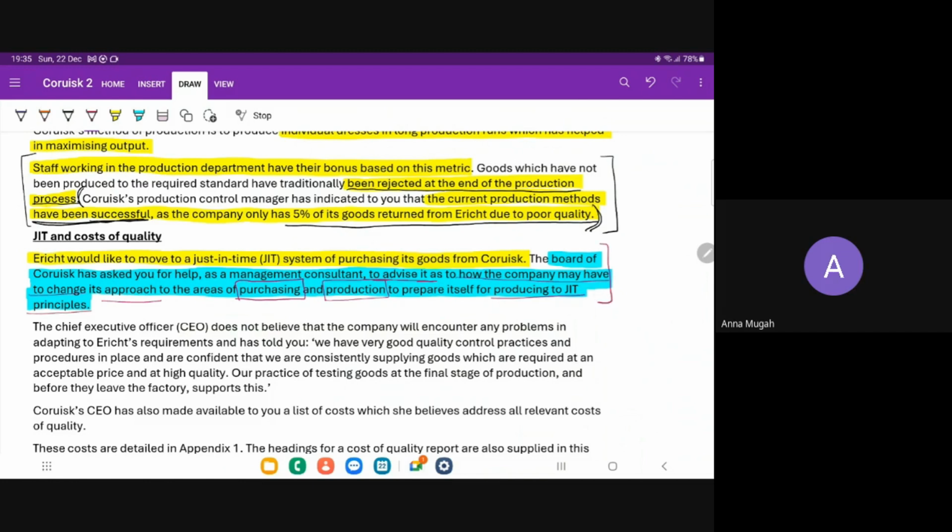Now, just hold it and try to reread this requirement and understand what you have to write, what the board actually wants you to do. Just take a moment to read this requirement again and think.